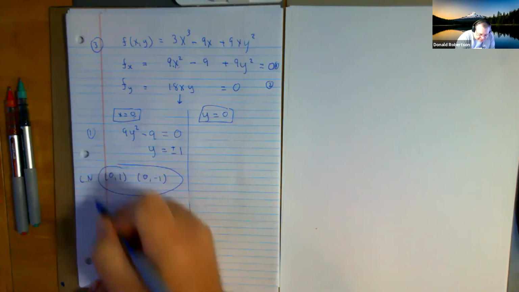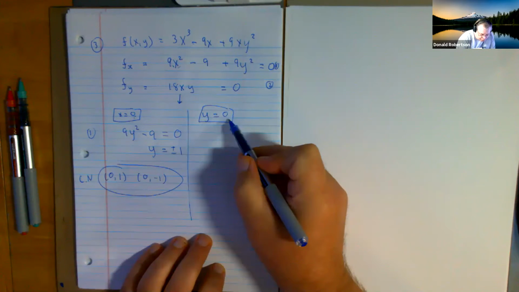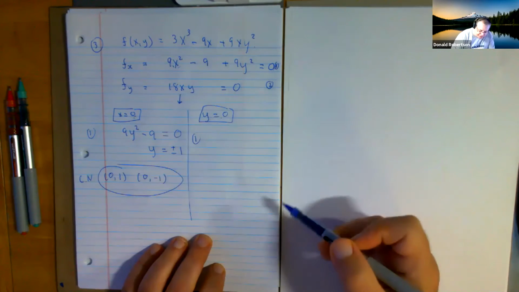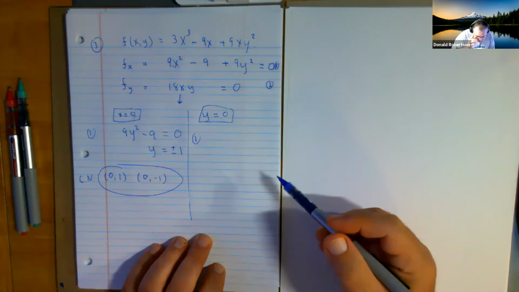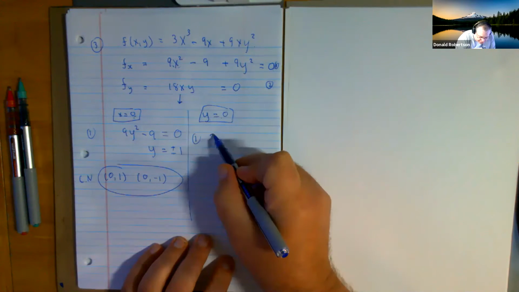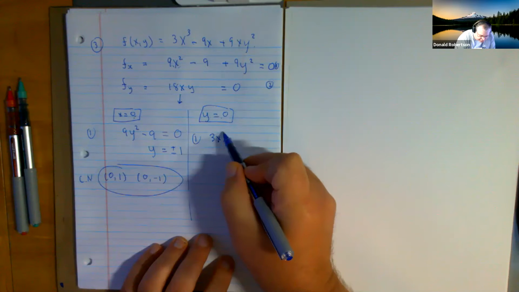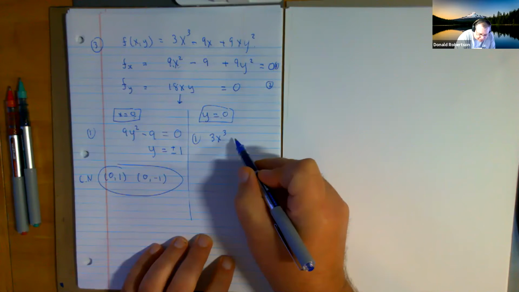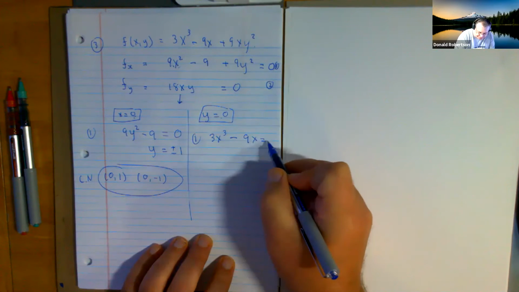Now, what about y equals 0? Well, if you go to equation 1 and make y equals 0, what do we get? Well, we get 3x cubed, take away 9x.